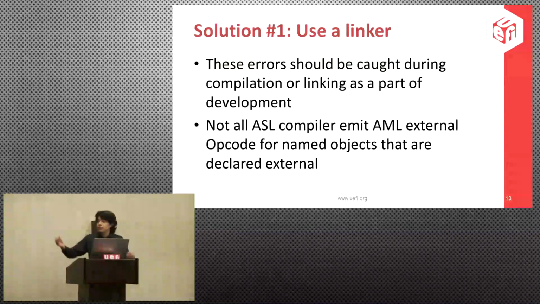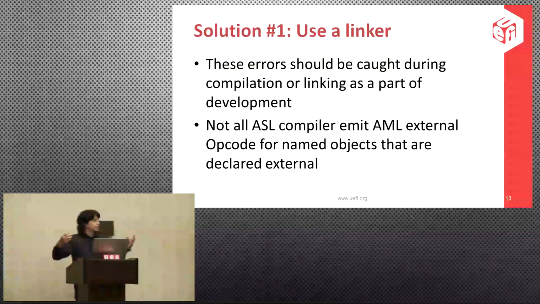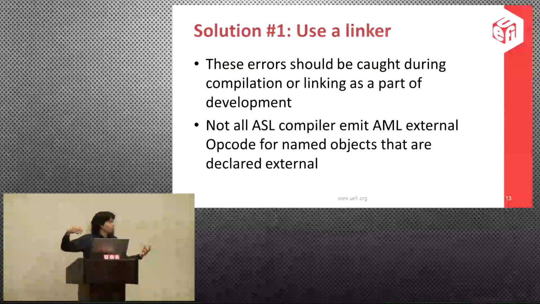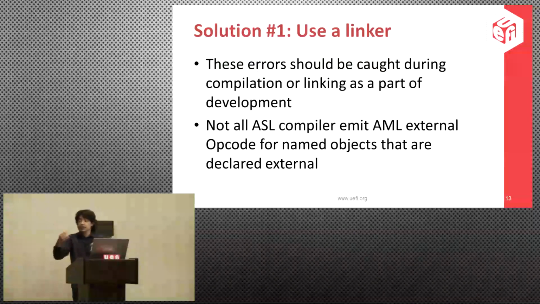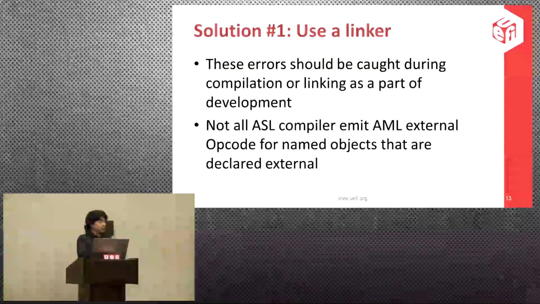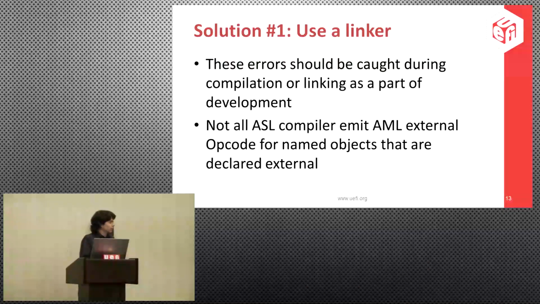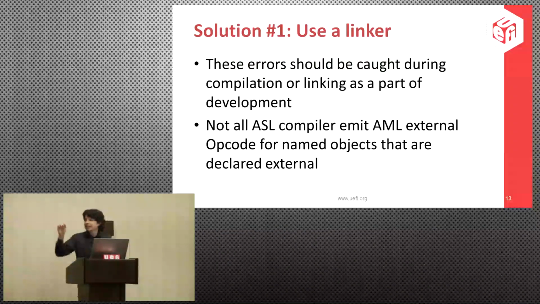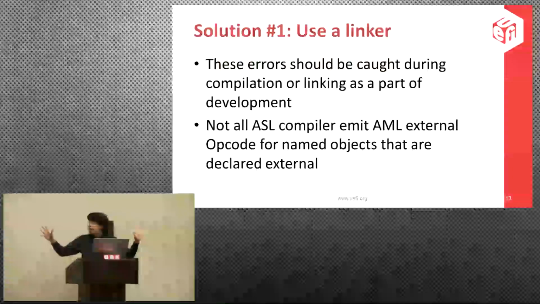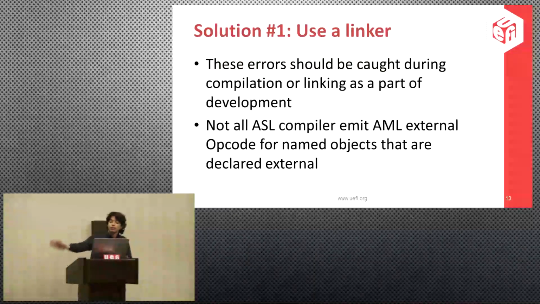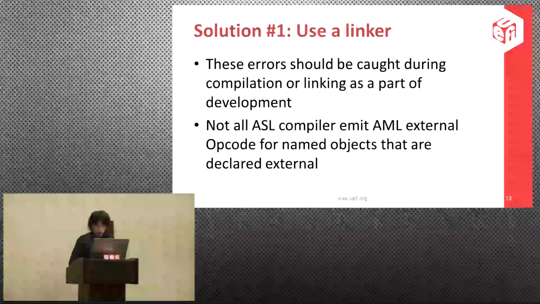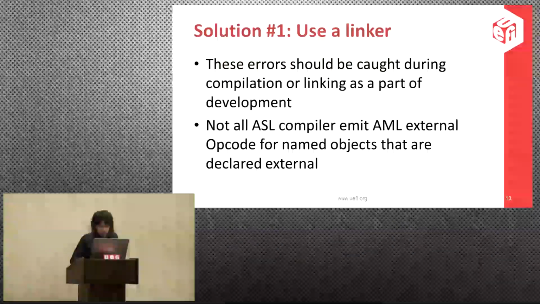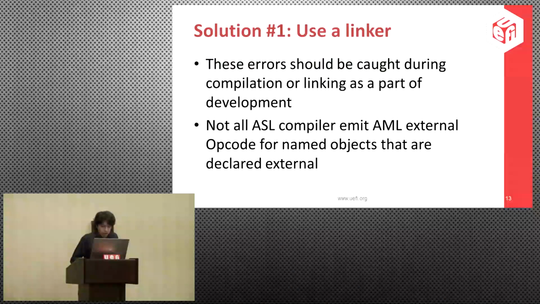So with languages like C, we have these object formats that tell the linker that certain symbols are declared in other files, and the linker knows to go fetch these names. But in ASL, we don't really have that kind of standardization. So we can't just take arbitrary AML files and combine them together and hope that it's okay. There could be certain names that are not declared.